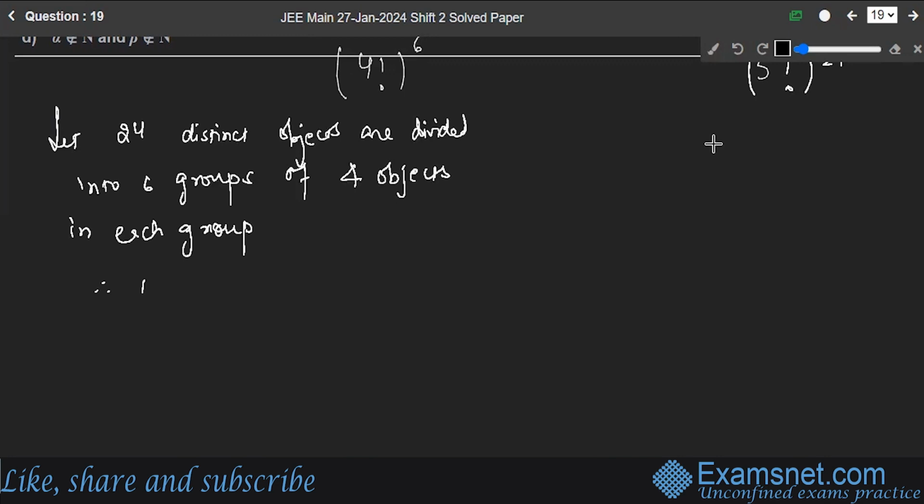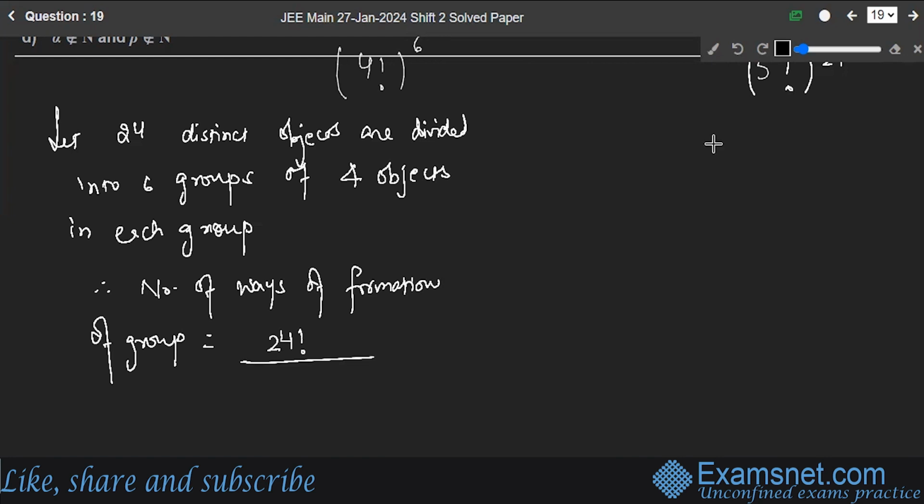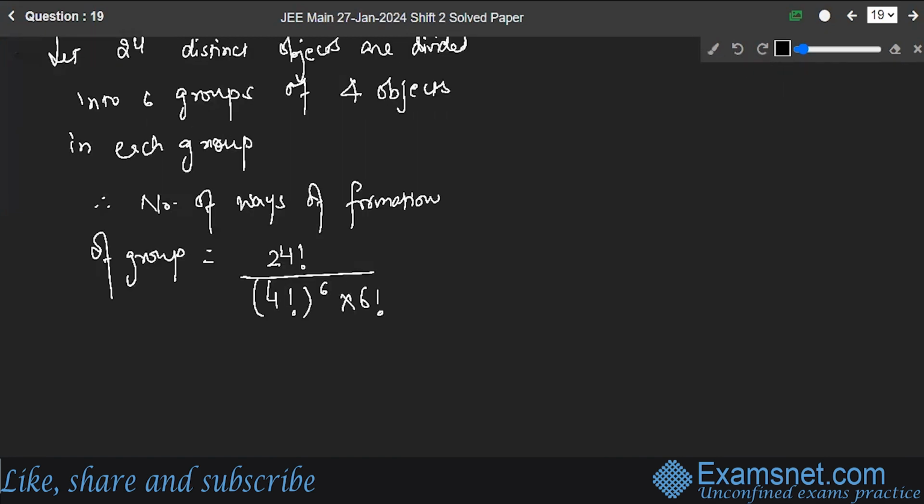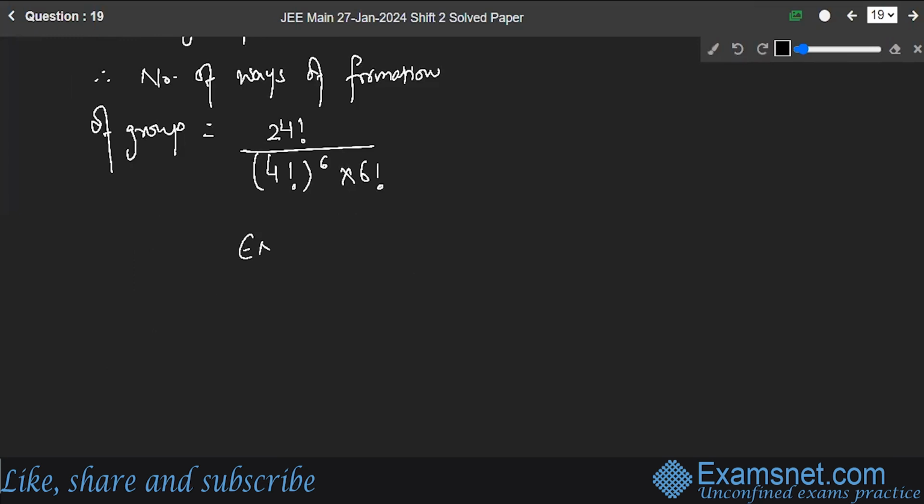Therefore, number of ways of formation of groups will be given by 24 factorial divided by 4 factorial power 6 into 6 factorial. So this will give me some value which of course belongs to natural number.